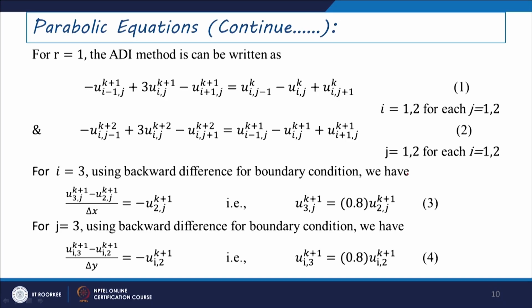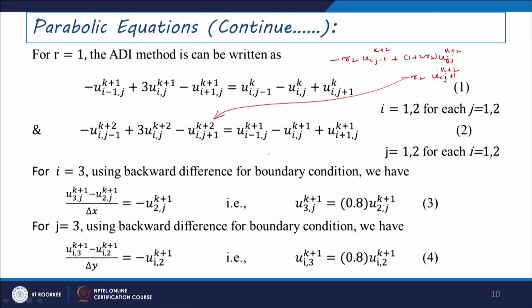The first equation is written in the form minus r2 u i j minus 1 k plus 2, plus 1 plus 2 r2 u i j k plus 2, minus r2 u i j plus 1 k plus 2 here. If you see this equation, it is minus u i j minus 1 k plus 2, plus 2 plus 1, which is nothing but 3 u i j k plus 2, minus u i j plus 1 k plus 2.